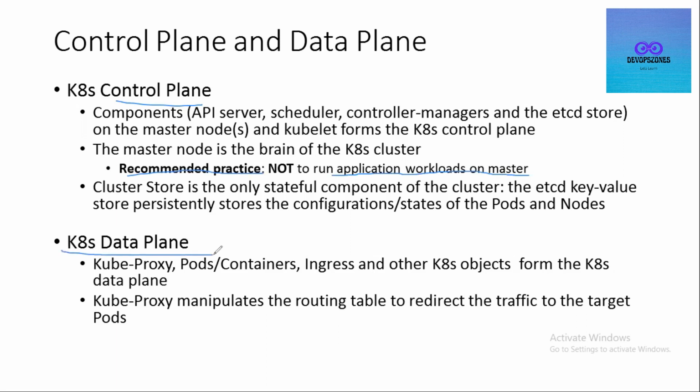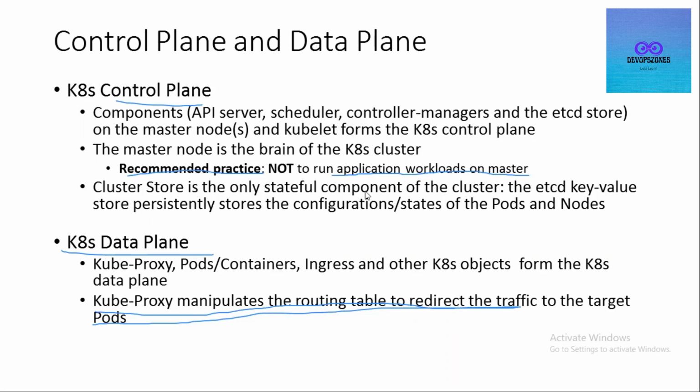And the data plane is nothing but your worker nodes, right. And kube-proxy manipulates routing to redirect traffic to the target pods. So basically you can say it is a proxy of the network traffic, right.